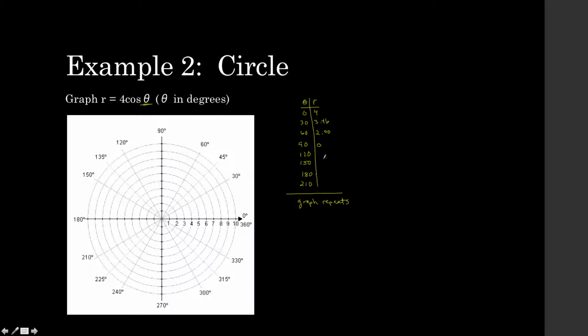Take 120 and plug it in, that's -2. Take 150 and plug it in. 180 and 210. And you end up beginning to repeat itself, okay? So at this point, you don't have to go any further.